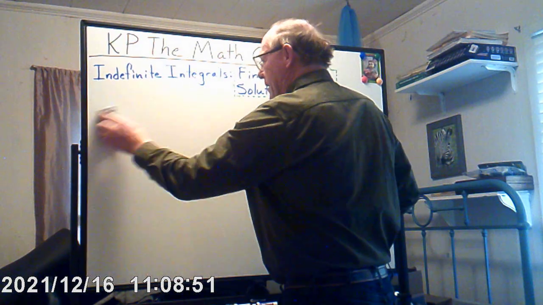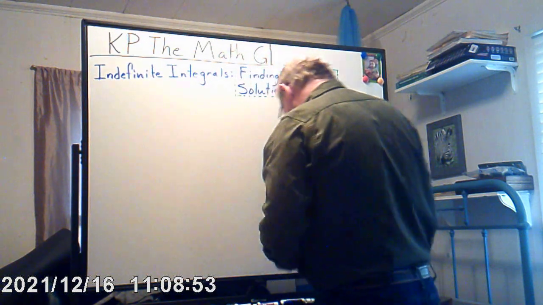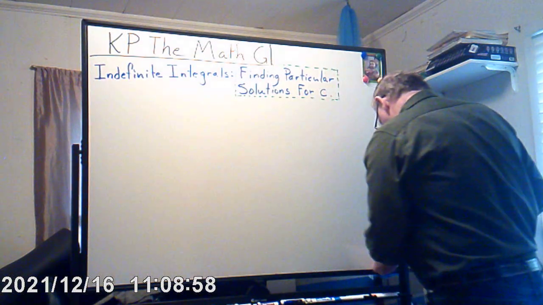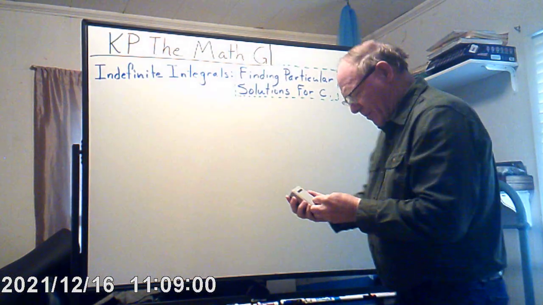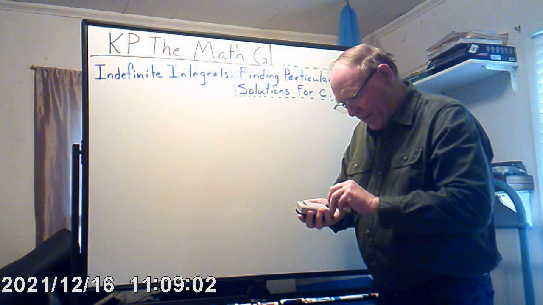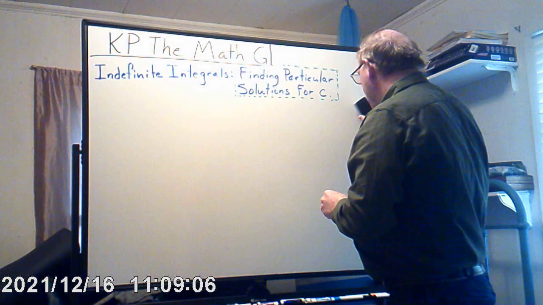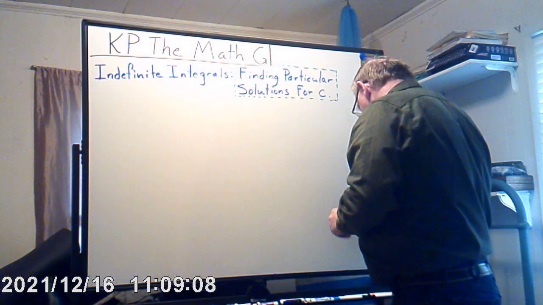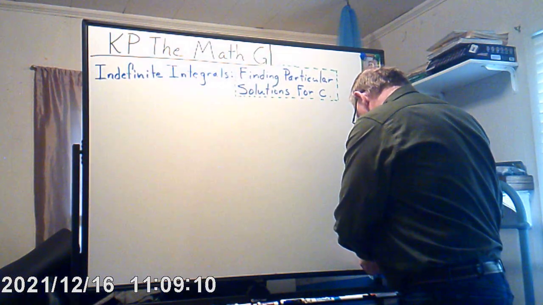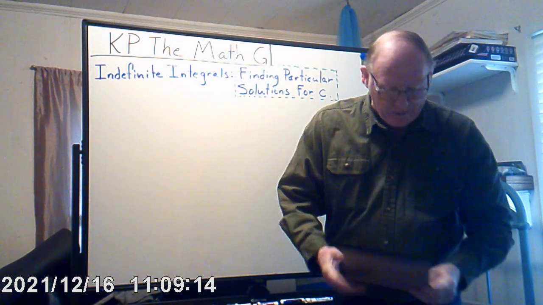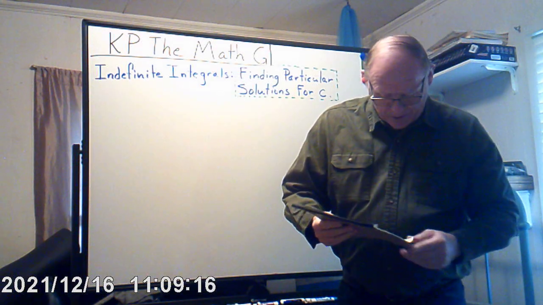So let's go ahead and start with this problem here. I have so much trouble sometimes; one of the magnets wants to fall out of this eraser, and my eraser doesn't want to stick to the board anymore. But anyway, let's go ahead and start.